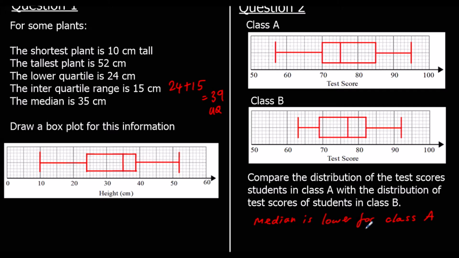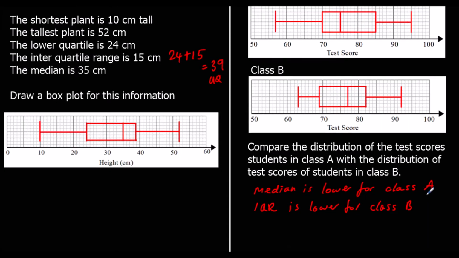And we can look at the spread, so either the range or the interquartile range, and we can see they're both lower for class B. So the interquartile range is lower for class B, and we can say that shows that there's a lower spread.